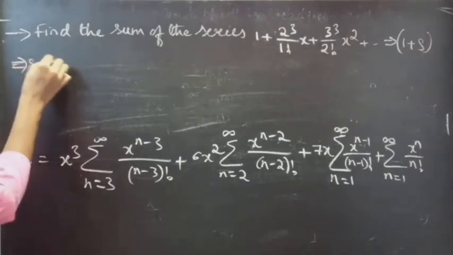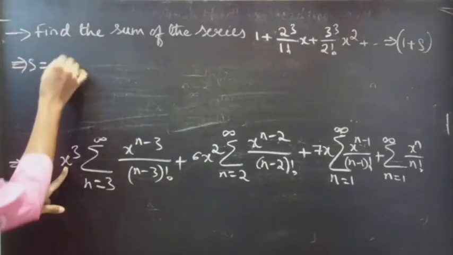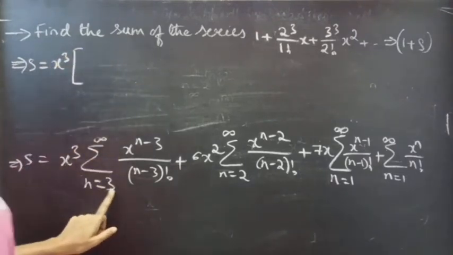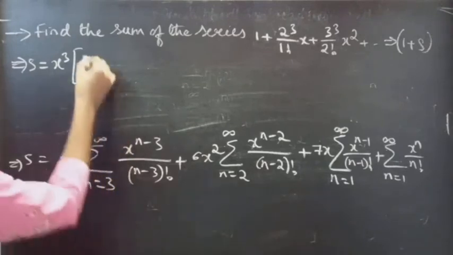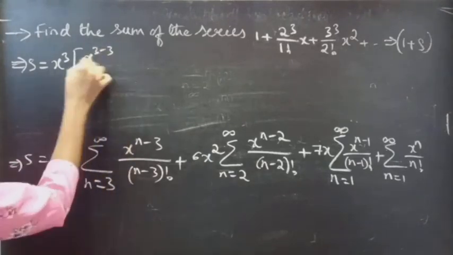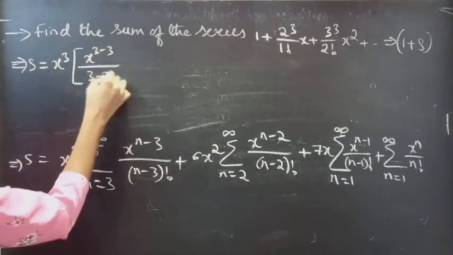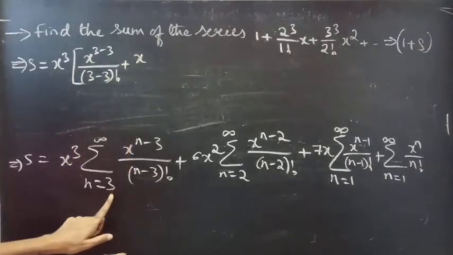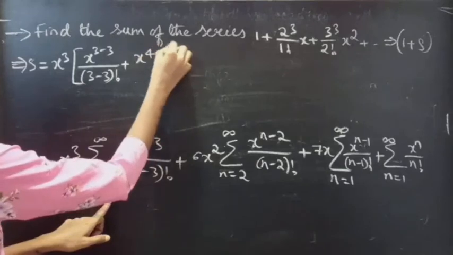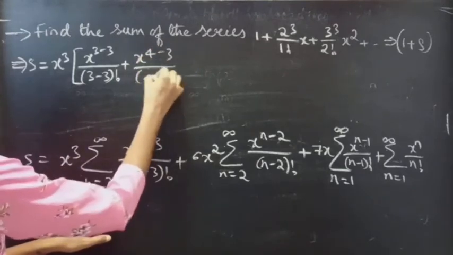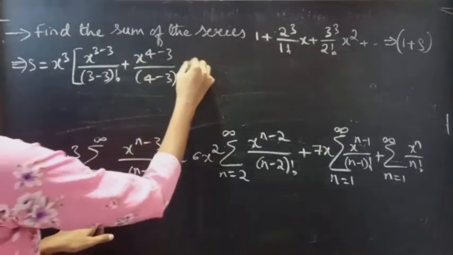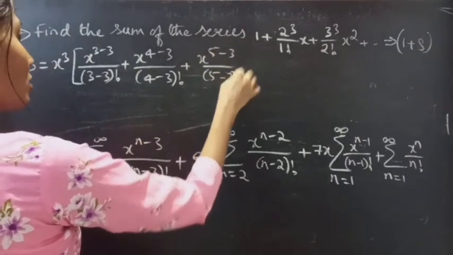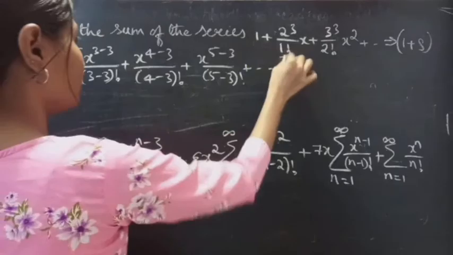Then S equals x cube into, for n equals 3 to infinity, x power 3 minus 3 by 3 minus 3 factorial plus x power 4 minus 3 by 4 minus 3 factorial for n equals 4, plus x power 5 minus 3 by 5 minus 3 factorial plus so on.